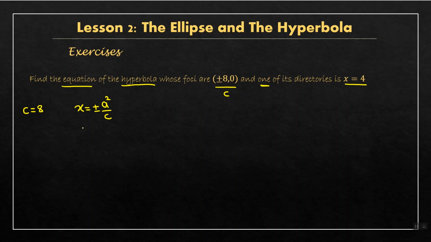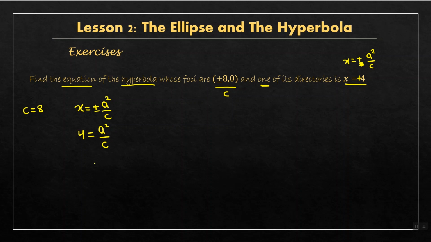So here they mean that x is equal to 4 equals the positive, not the negative, only the positive of a squared over C. Because the directrices are x equals plus minus a squared over C. But since they gave us the positive one, then they mean this one only, positive a squared over C. So positive a squared over C is equal to 4, because x is equal to 4 according to the question.